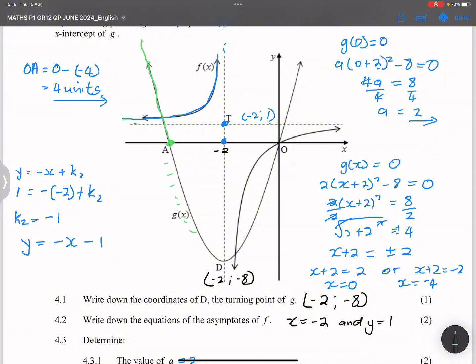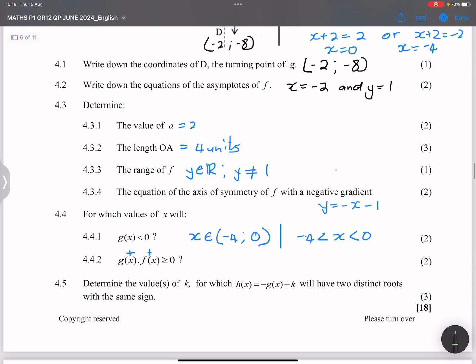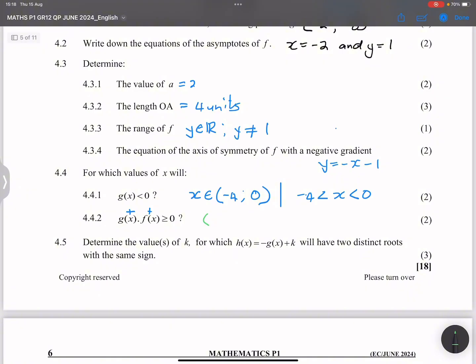So both graphs are positive between negative infinity and up until x equals negative 4. So that's my first one, right? We'll arrange them properly afterwards. So from negative infinity till negative 4.